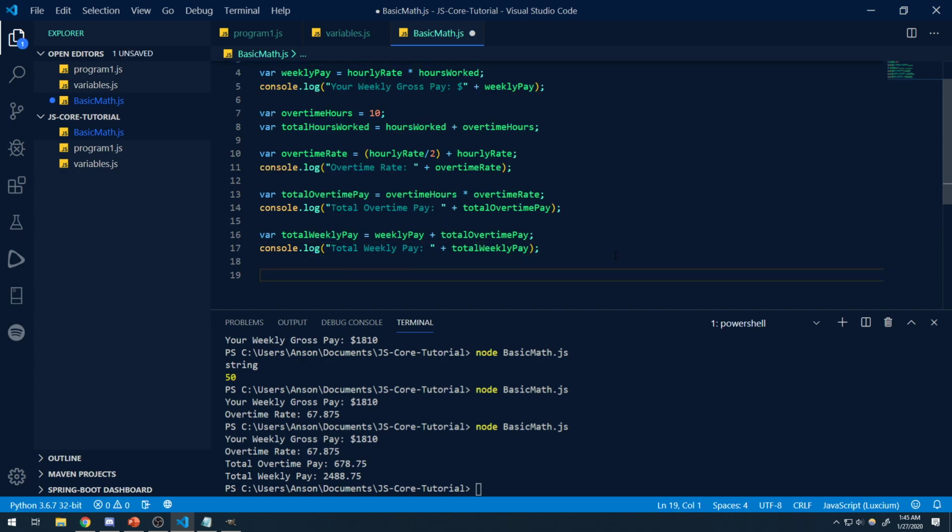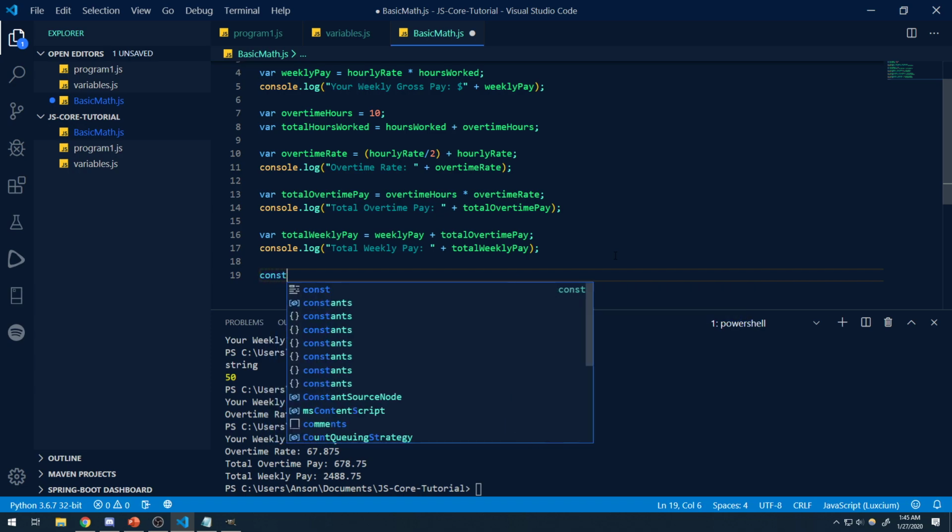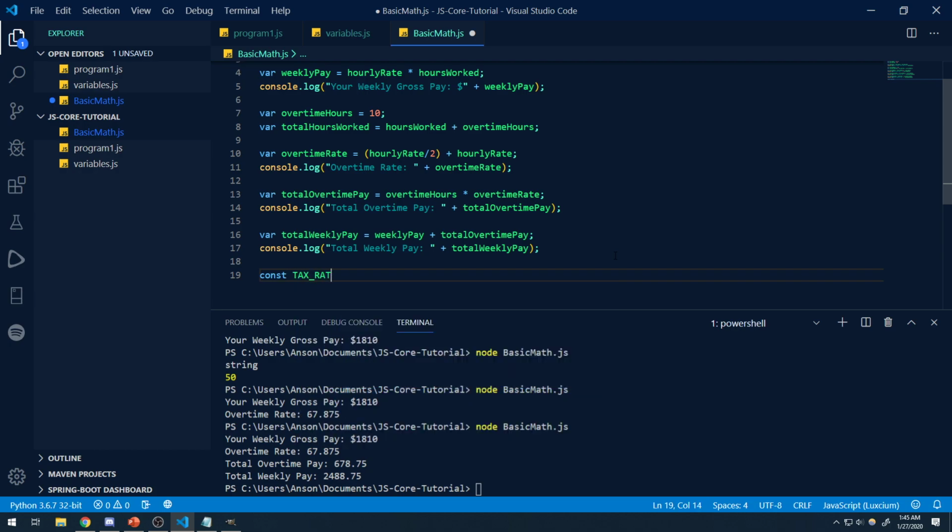Let's just say we need to take out taxes. We can set a tax rate of 33%, which is the usual standard, at least over here where I live. So we can use the const keyword: tax multiplier equals 0.33.